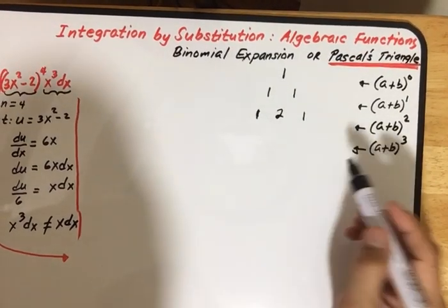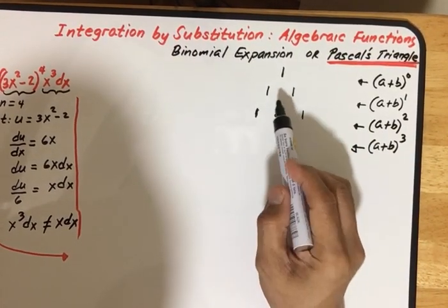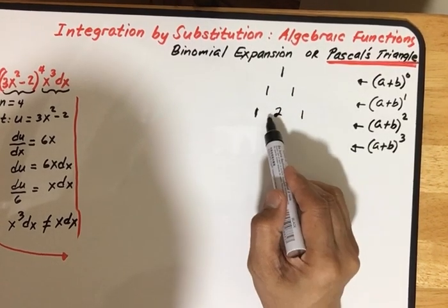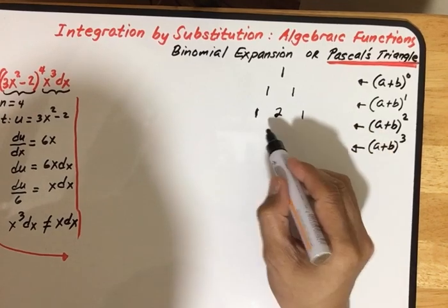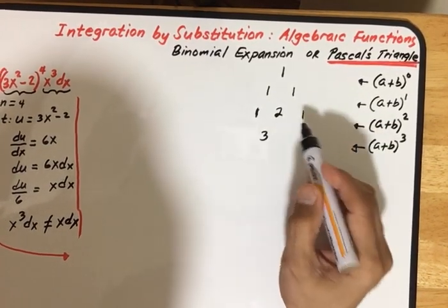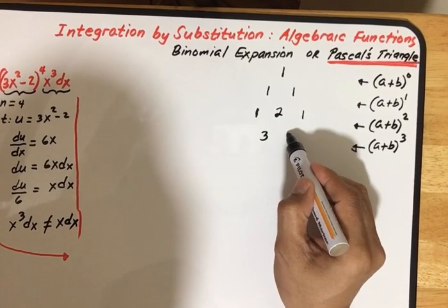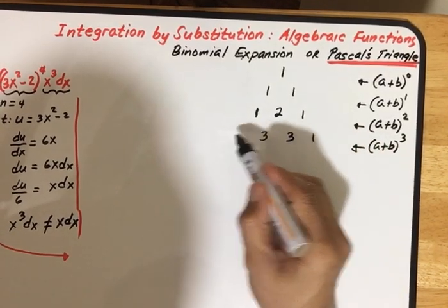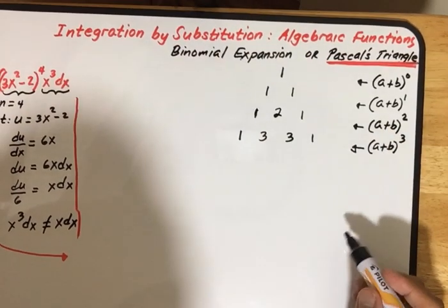Like what we did a while ago, you add the numbers: you have 1 and 2, so you have 3. Then when you add 2 and 1, that is also 3. And then you just put 1 on the left and 1 on the right.